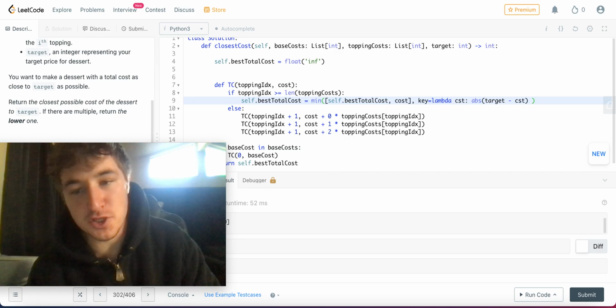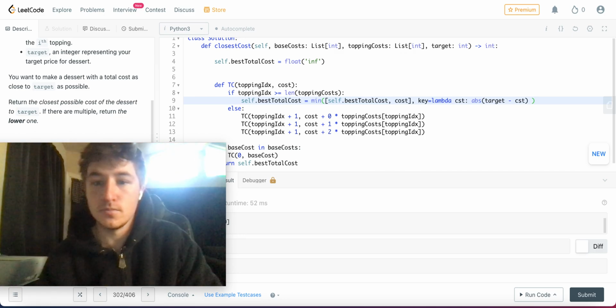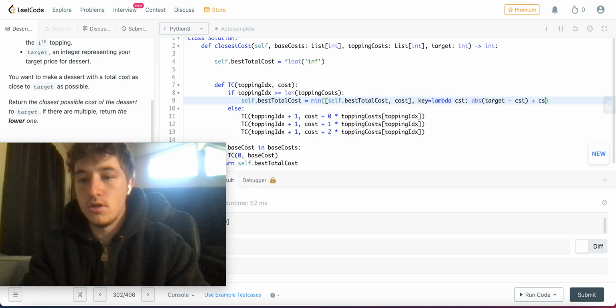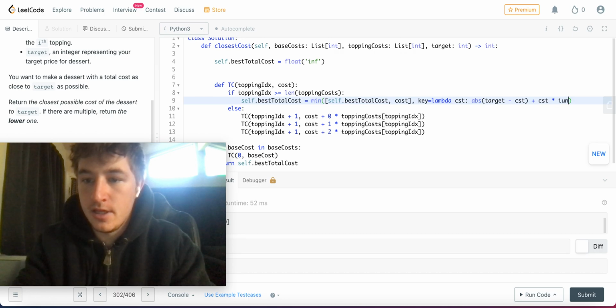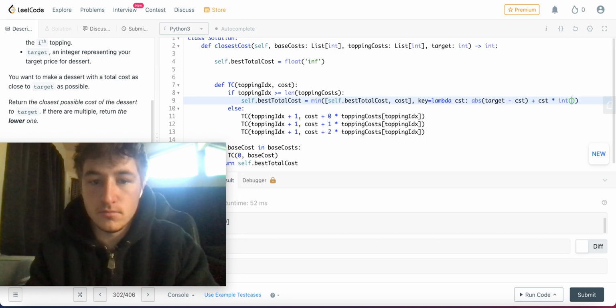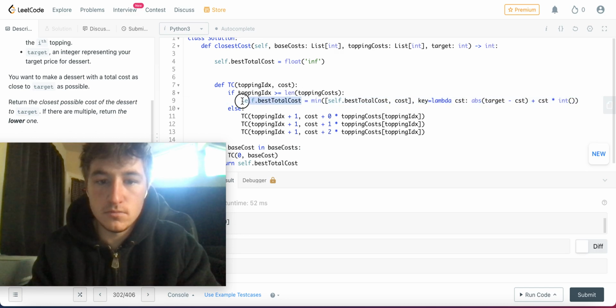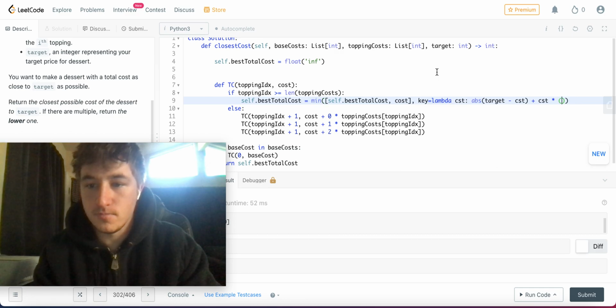So if one of them is smaller, times int... no, that's not gonna work. I thought I could get cute with it, but I'm not going to.